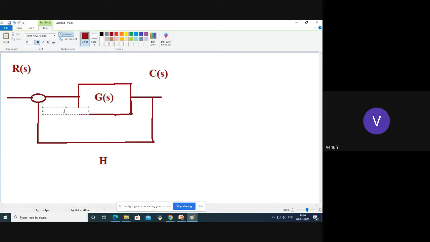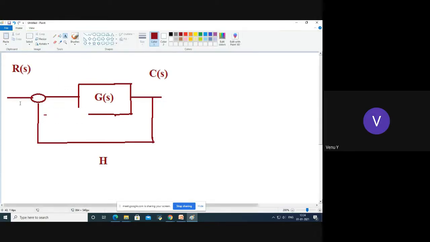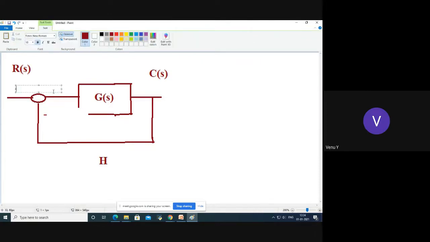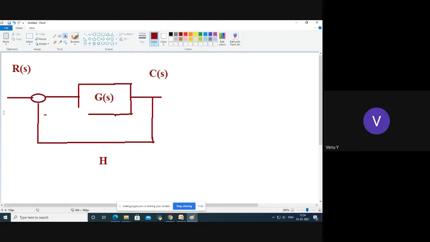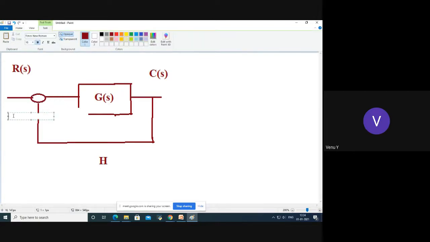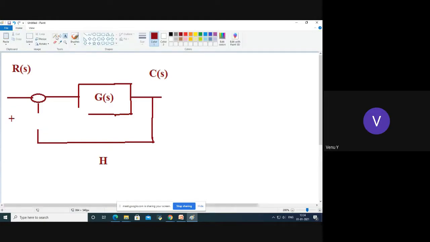Now in the classical system, this is negative sign. Here it is a positive sign. Okay. This is the output.